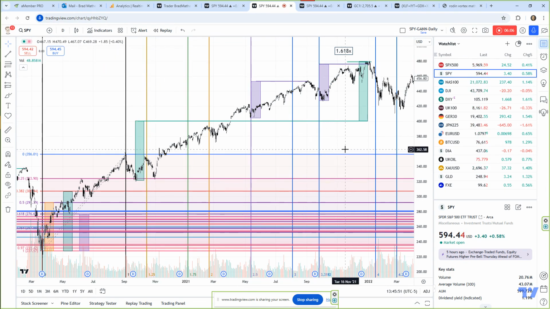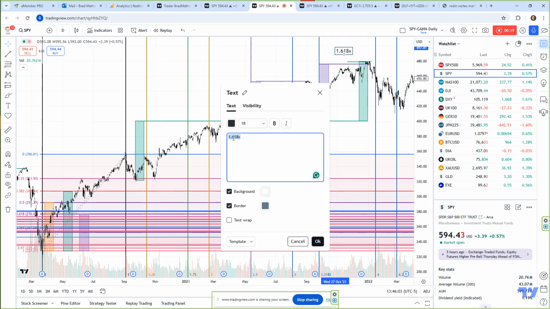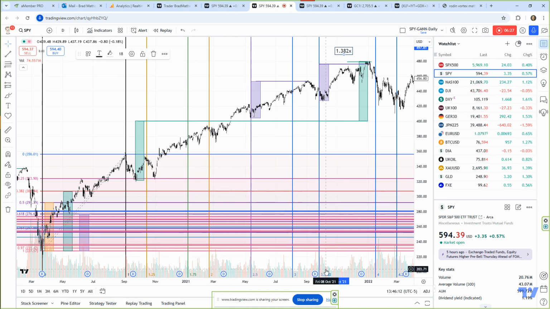And that coordinates with a full 1.618, 618 plus 618, so roughly a 1.382 expansion to the upside before we reach this peak.